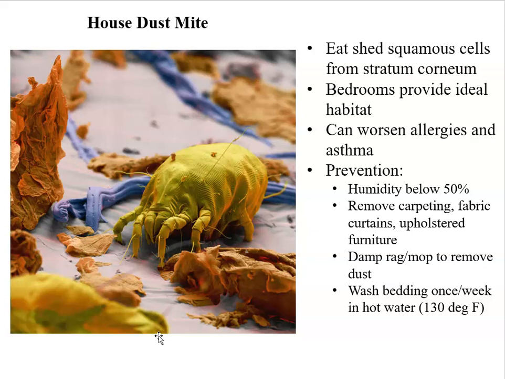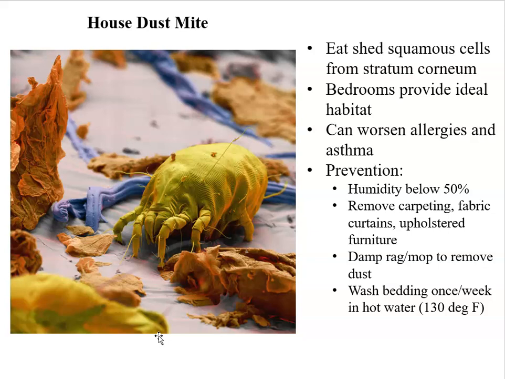And unfortunately, the feces that the house dust mite excretes can worsen or cause household allergies as well as worsen asthma symptoms. So if you find yourself having non-seasonal allergies all year round, it may be because of these mites.